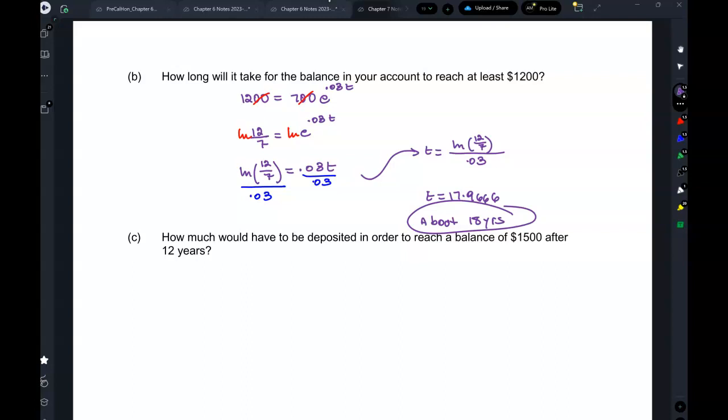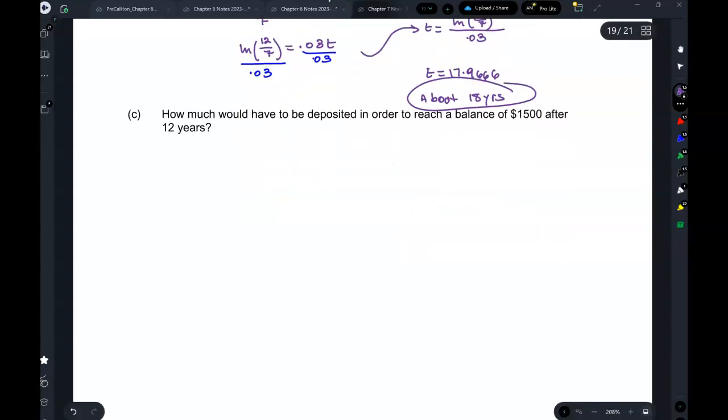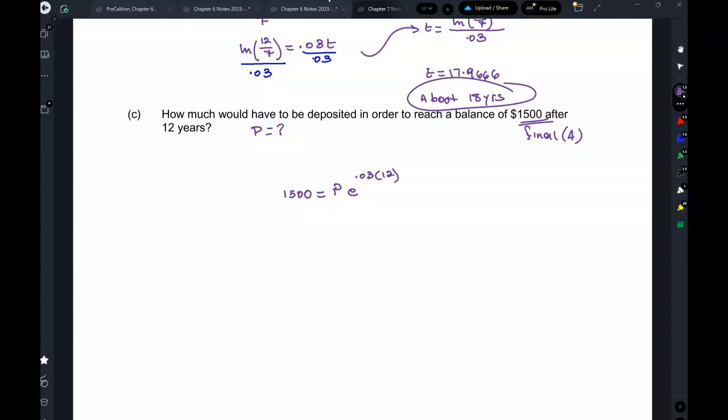So how much would have been deposited in order to reach a balance of 1,500 after 12 years? So now this is the final amount, A, and we want to find P. So 1,500 is equal to P e to the 0.03 times 12.